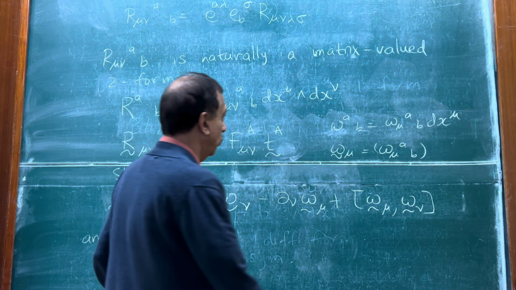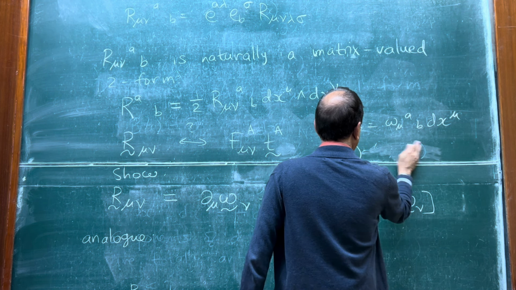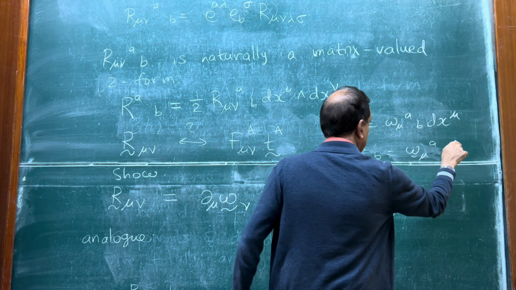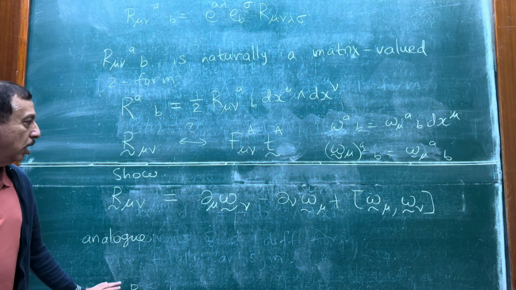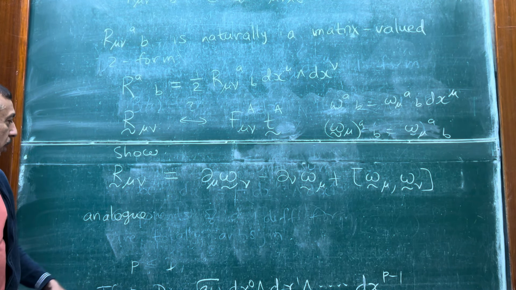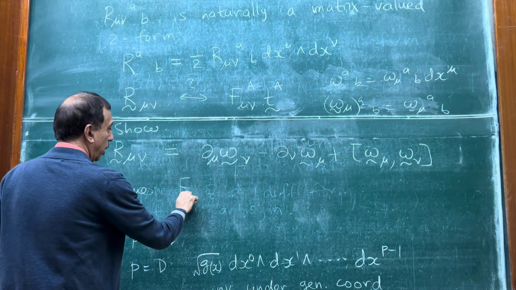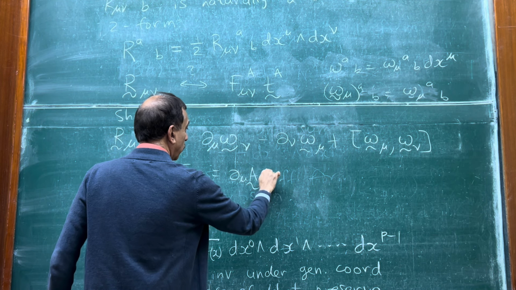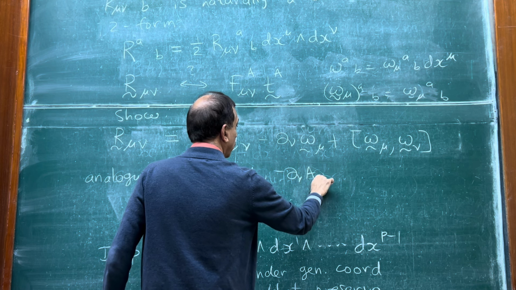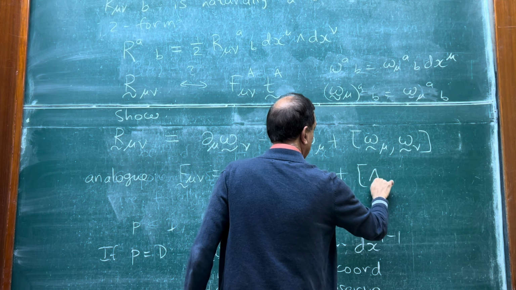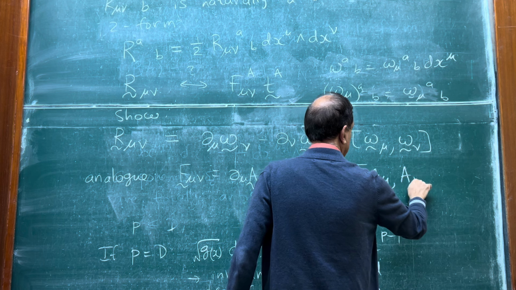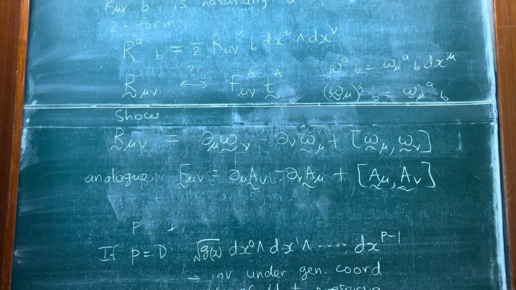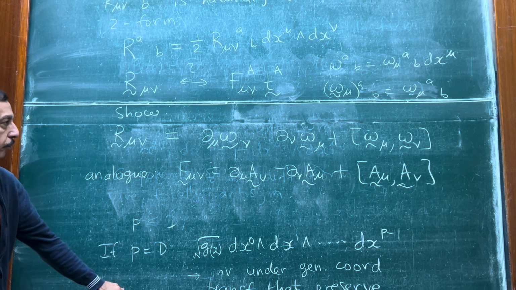Or maybe the more correct way to say it is that the AB components of this matrix are the numbers omega_mu^{AB}. I think this is more satisfactory. So you've got everything now, and this formula is true, and it's analogous to F_{mu nu} in Yang-Mills theory equals del_mu A_nu minus del_nu A_mu plus. This plus or minus depends on conventions. I think here we are working, so yeah, I think this is okay.